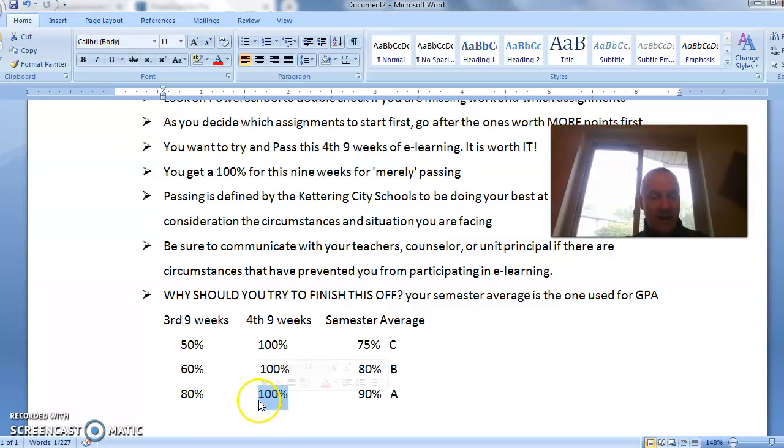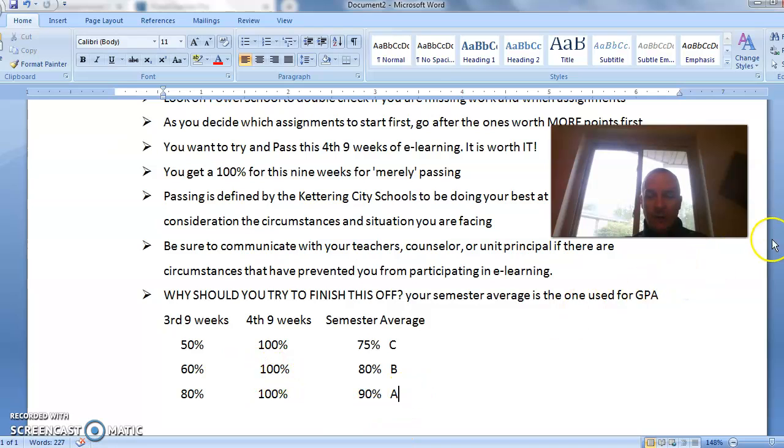The average of an 80 and 100 is a 90 for your GPA, a 90%. You earn an A for the semester, and that would be phenomenal. So these are the reasons you should finish off the e-learning. Of course, if you had a C the third 9 weeks and you pass this e-learning, that C plus the 100% will drive that up to a B certainly, and that is worth it as well.